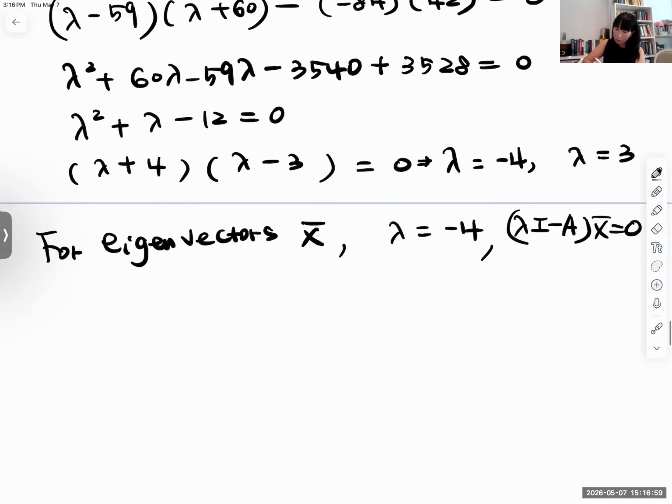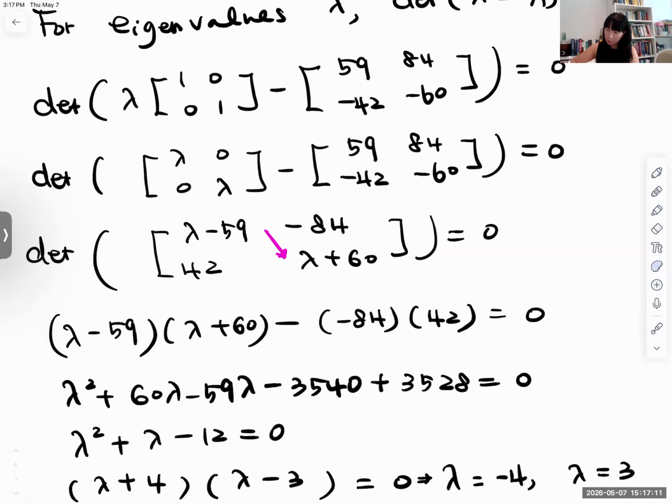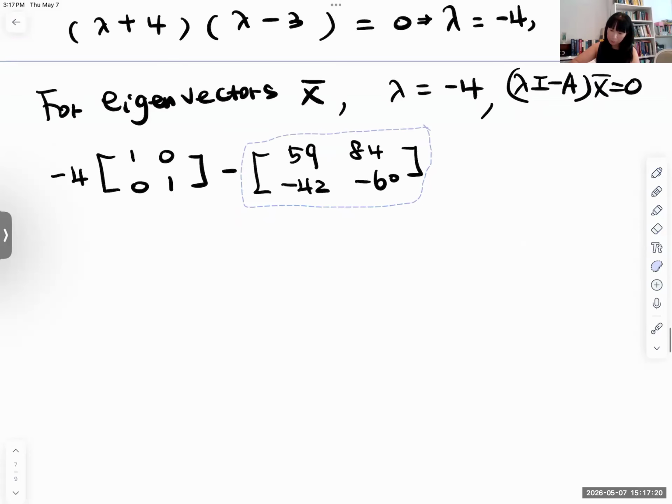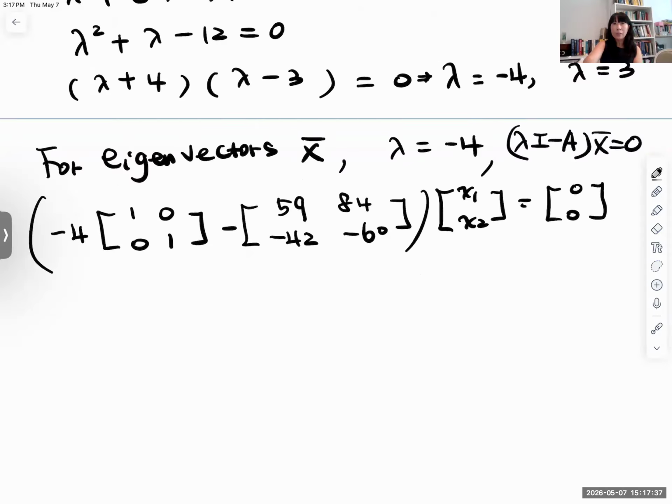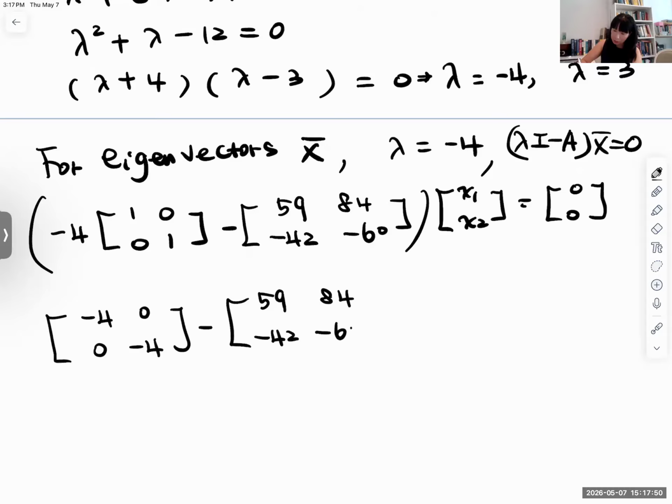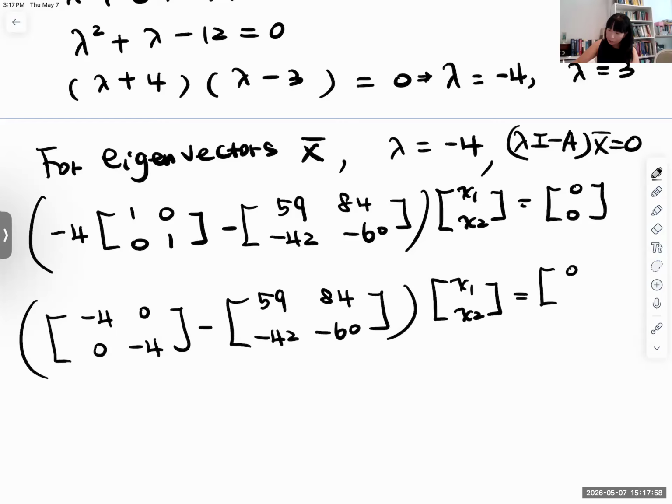So lambda equal to negative 4, I is the identity 1, 0, 0, 1, minus A, which is 59, 84, negative 42, negative 60, multiplied by x sub 1, x sub 2 equal to 0, 0.